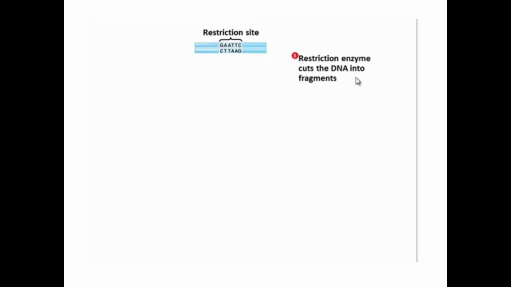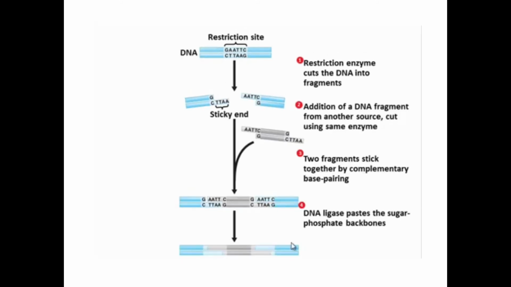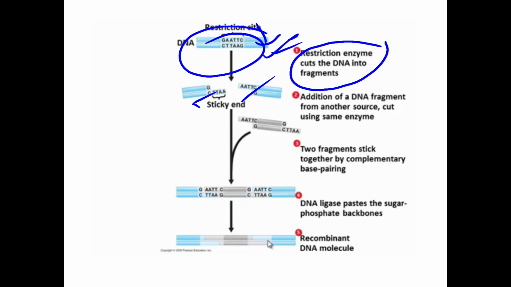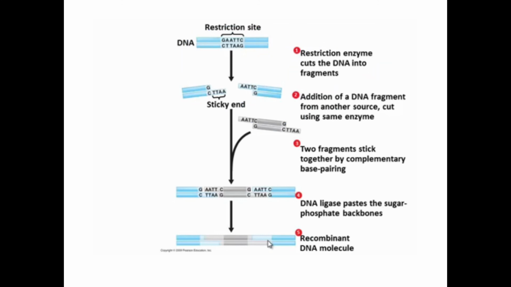So in this slide you can see the DNA is treated with the restriction enzyme, and that restriction enzyme cuts the DNA into two fragments. The same restriction enzyme also cuts the gene of interest or other DNA molecule as well, and it will produce the same sticky ends, right?